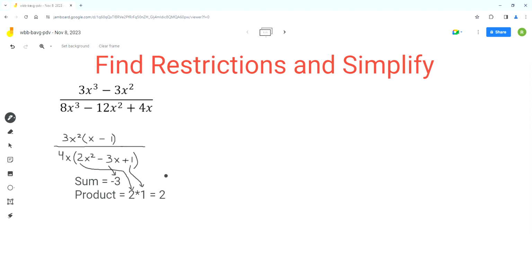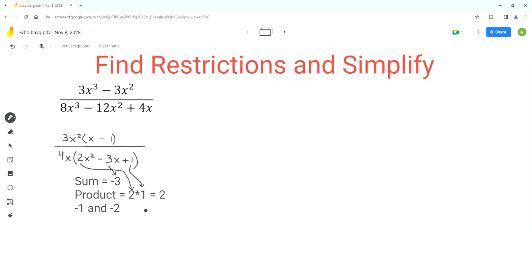We have to focus on the product to find two numbers that add to -3 and whose product, or they multiply, to 2. So the first two numbers that come to my mind are 1 and 2, because 1 times 2 is equal to 2. But if we add 1 and 2, we get a sum of 3. Now since we want a sum of -3, we can make both numbers negative, -1 and -2.